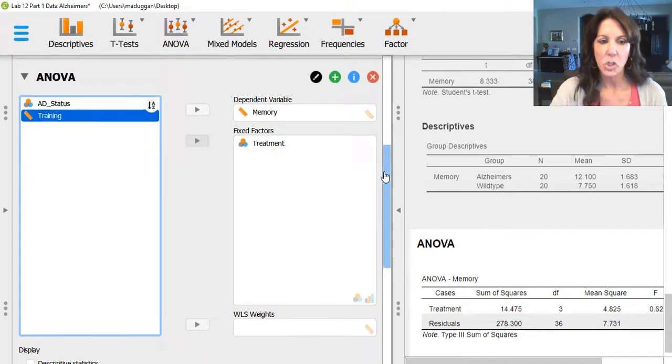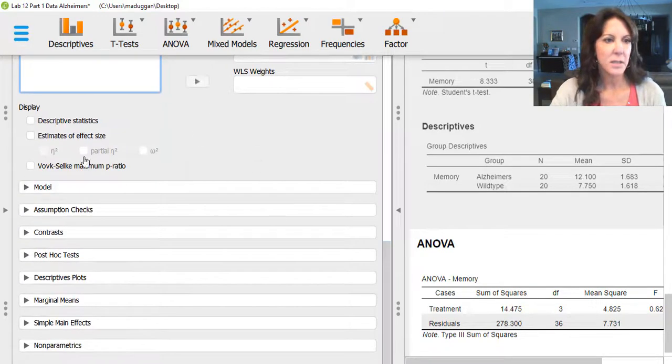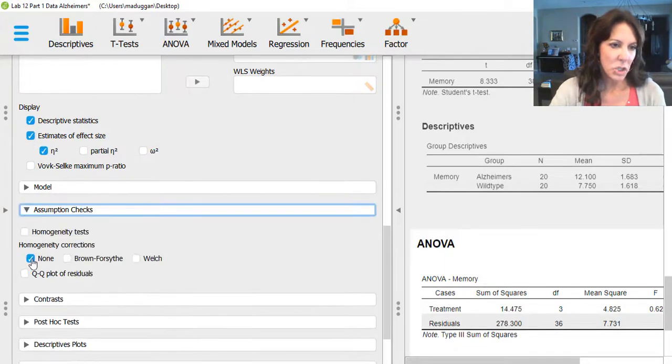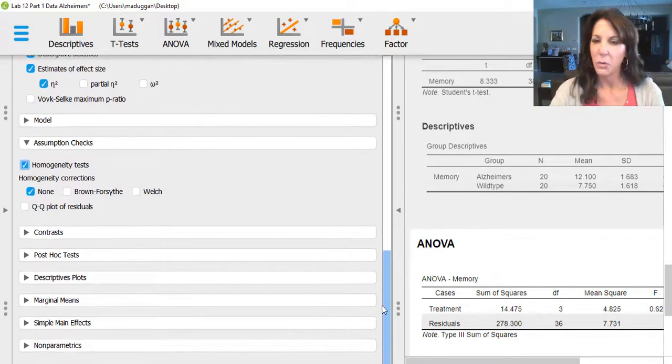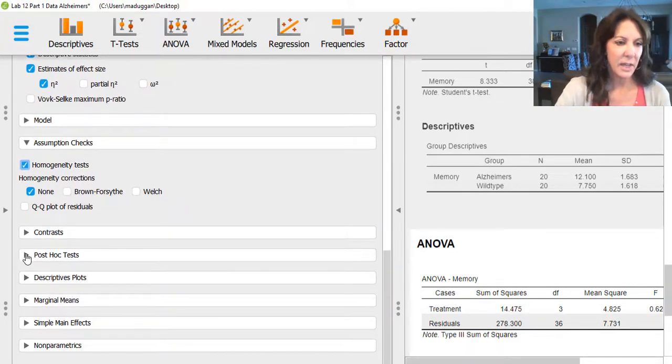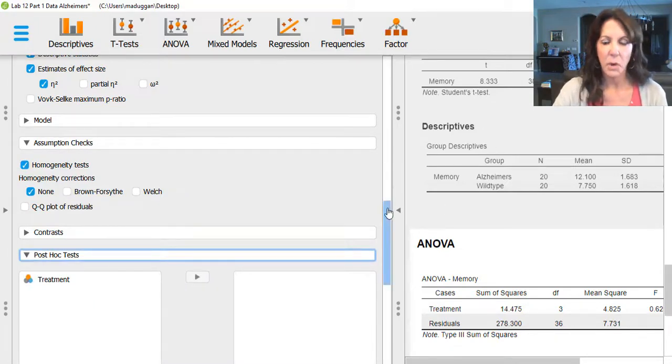Now in your directions you're asked to do a couple of different things. You're asked to click on Descriptive Statistics, Estimates of Effect Size, and make sure eta squared is selected. On assumption checks, you're going to click on homogeneity tests. We want to make sure that our variances are equal amongst all of our groups. And finally, in case there's a significant result, we're going to click on post hoc tests.